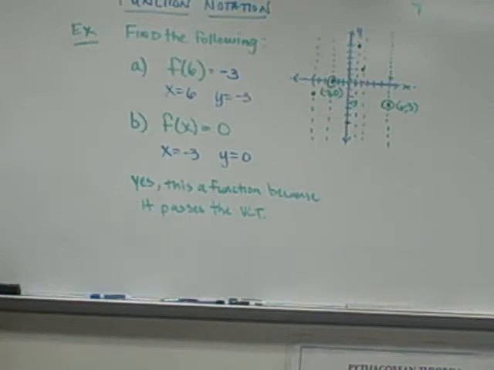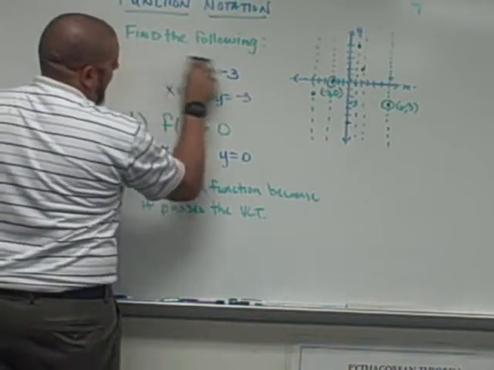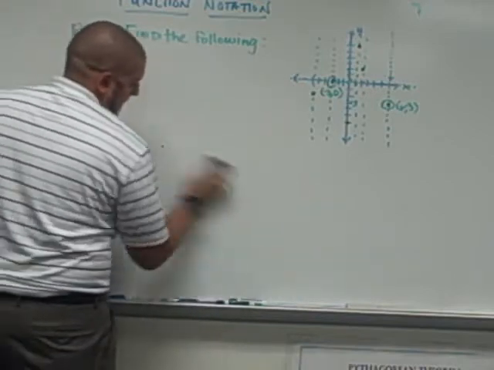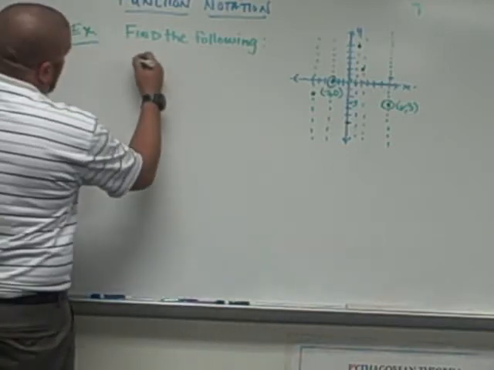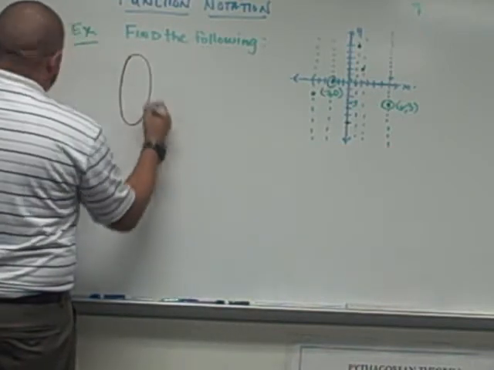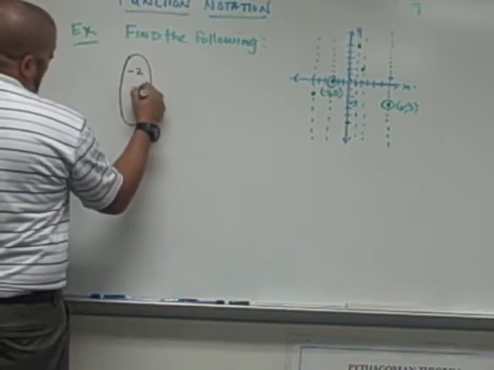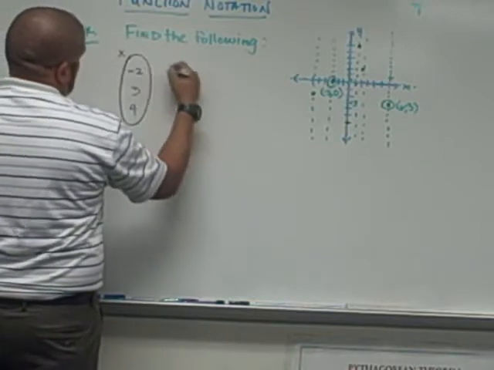All right, let's look at a different type of representation. So here's another one. Let's look at mapping. If I have a map, I have -2, 3, and 4, and these are my x values.